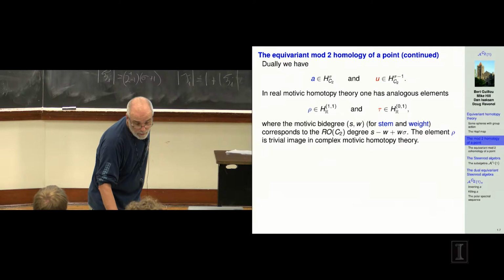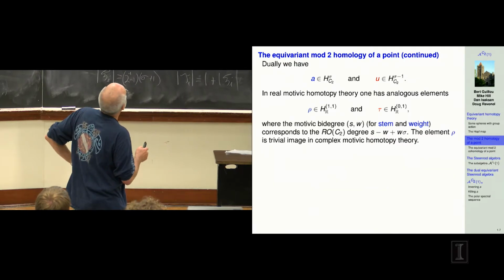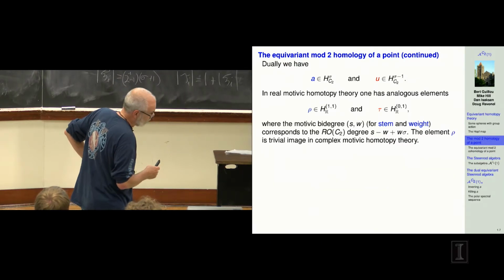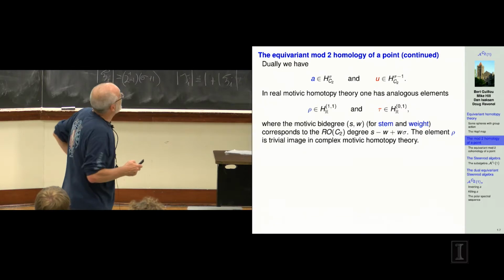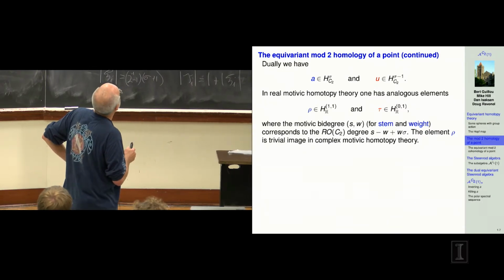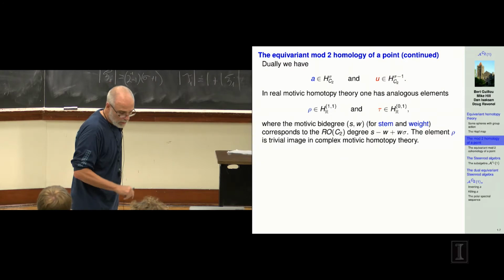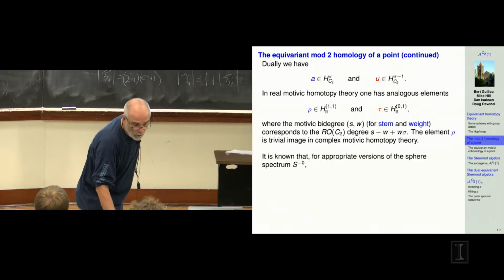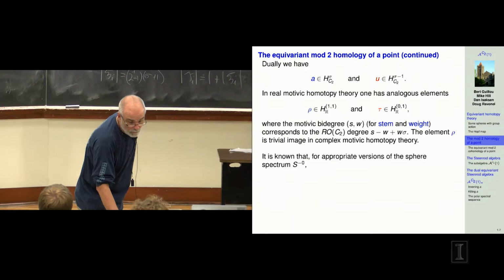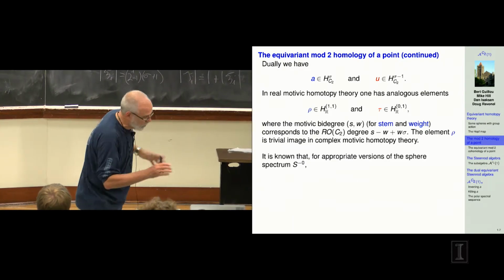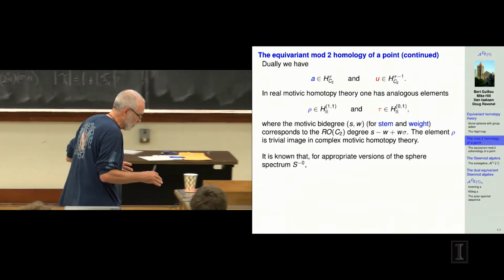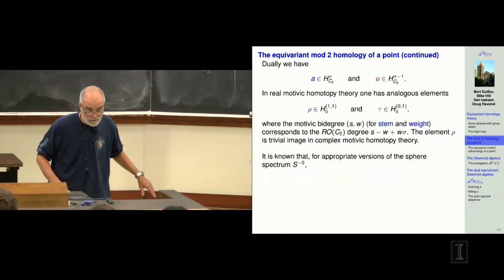Now, rho. So this happens in real motivic homotopy theory. When you pass to complex motivic homotopy theory, the element rho, which is an alias for A, disappears. It becomes 0. So the following things are known for appropriate versions. There's a version of the sphere spectrum in the real and complex motivic worlds.